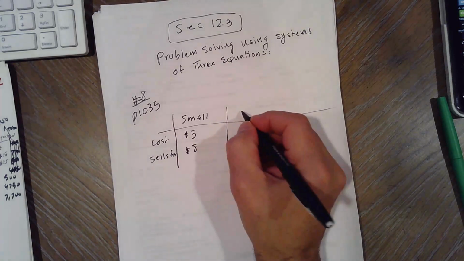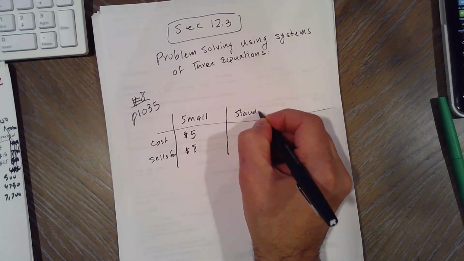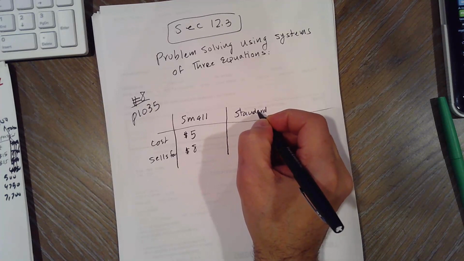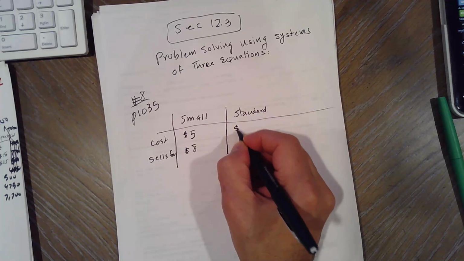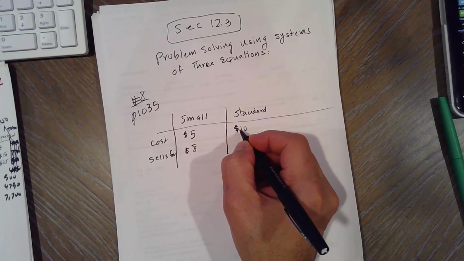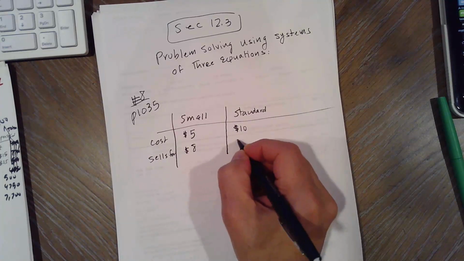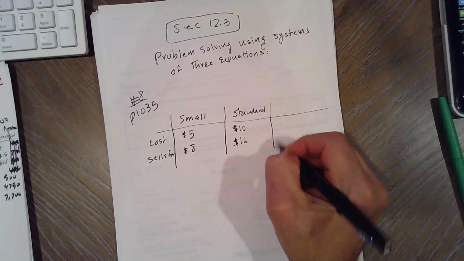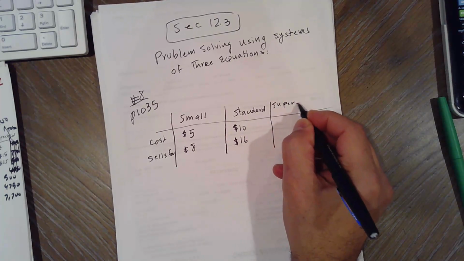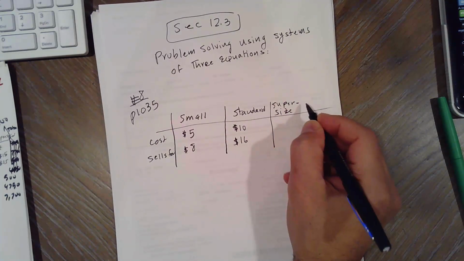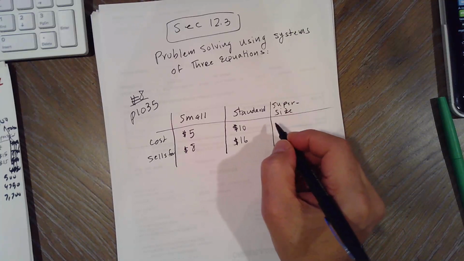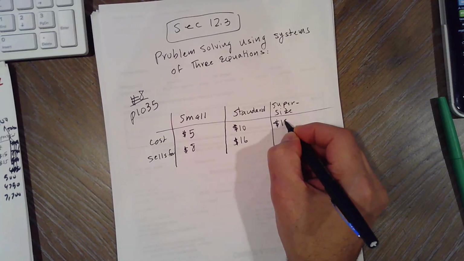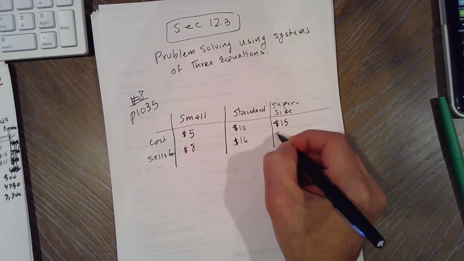The standard size costs $10 and it sells for $16, and the super size costs $15 to make and it sells for $25.